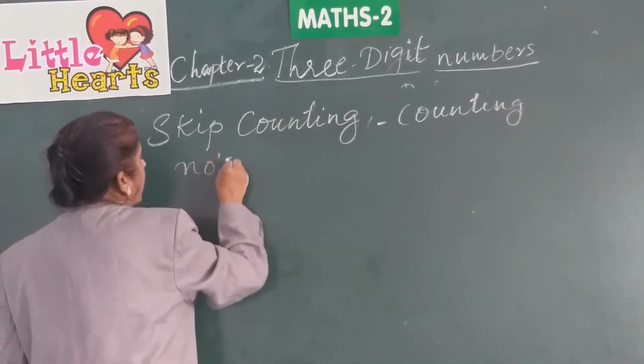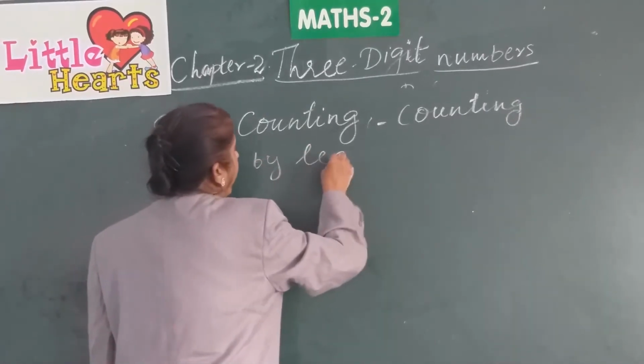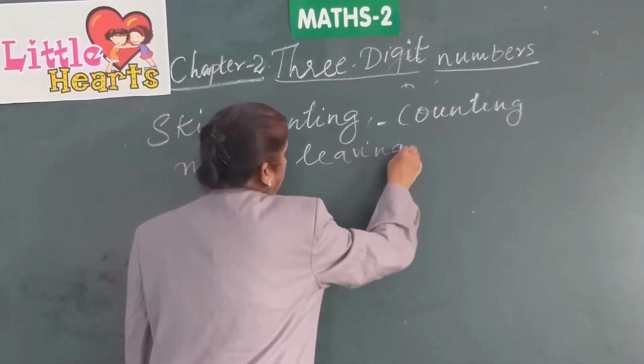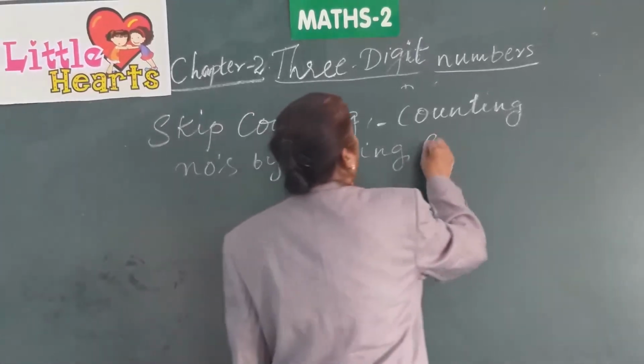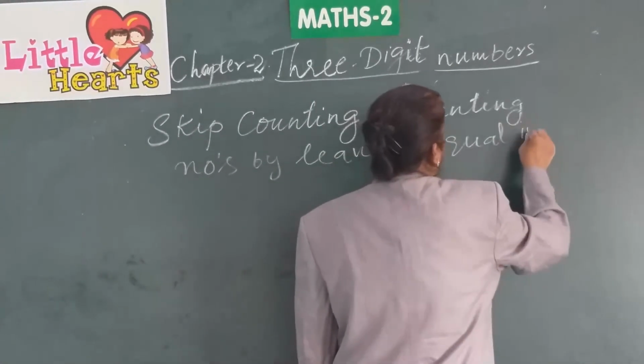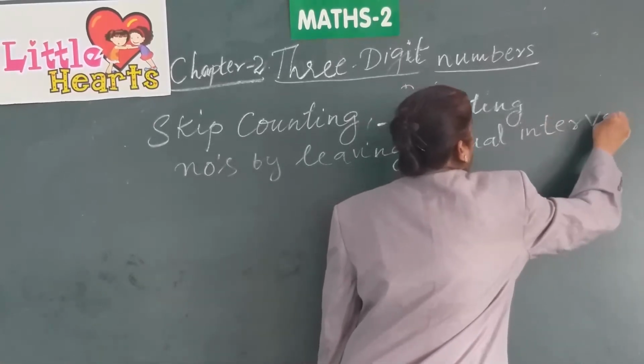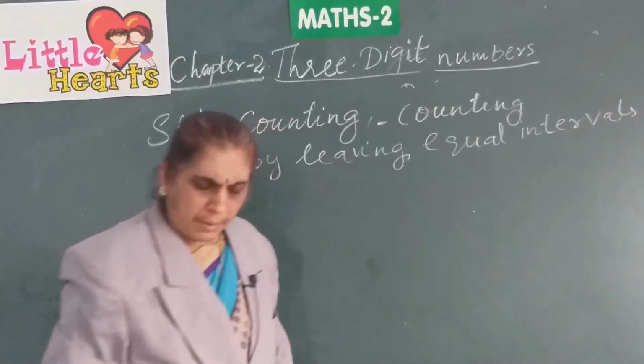Counting numbers by leaving equal gaps, by leaving equal intervals, is called skip counting.